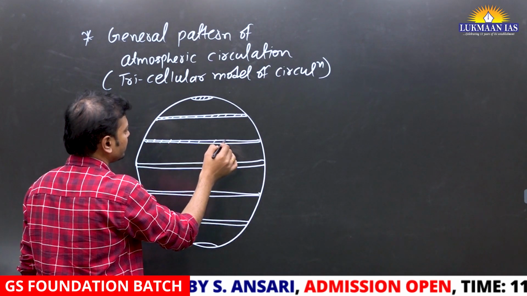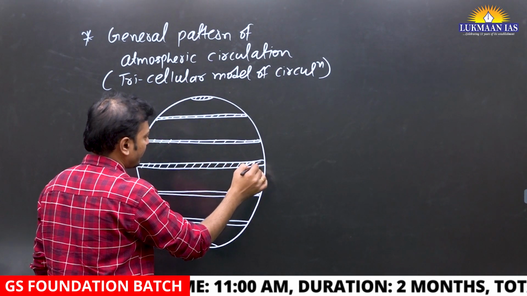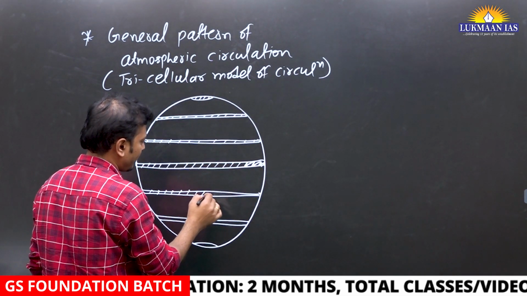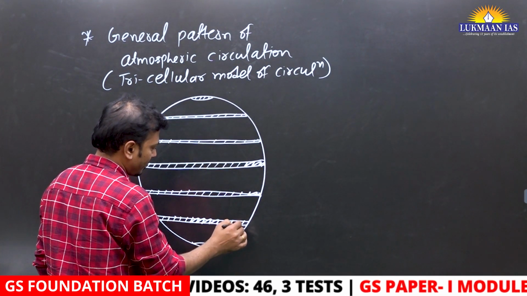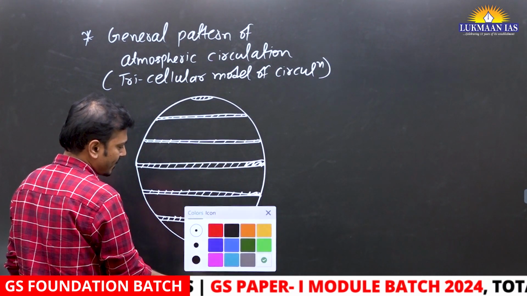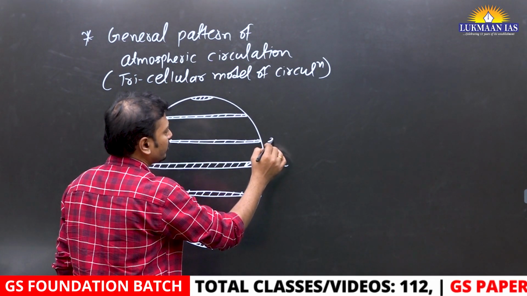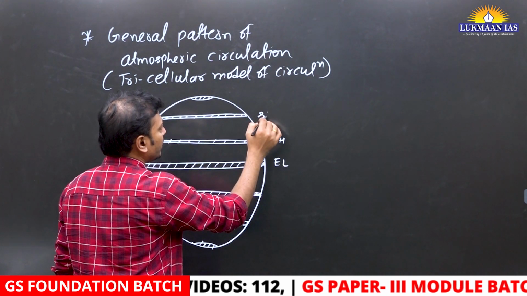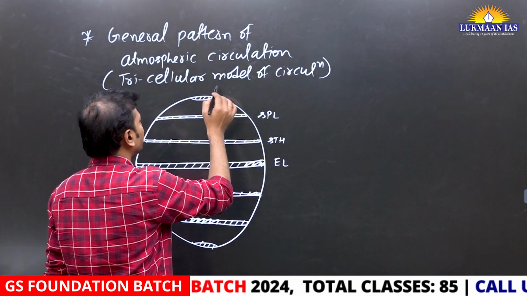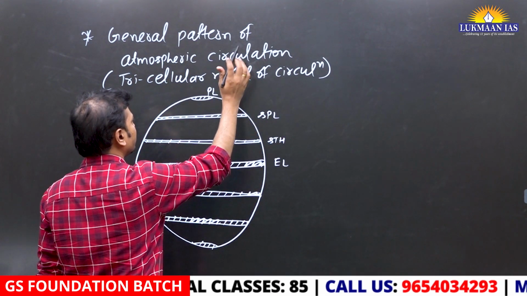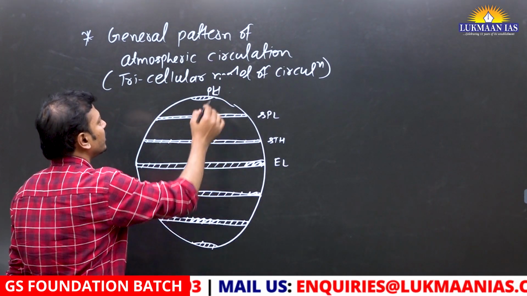Let's name them first. Right. So equatorial low, subtropical high, subpolar low, and polar high.